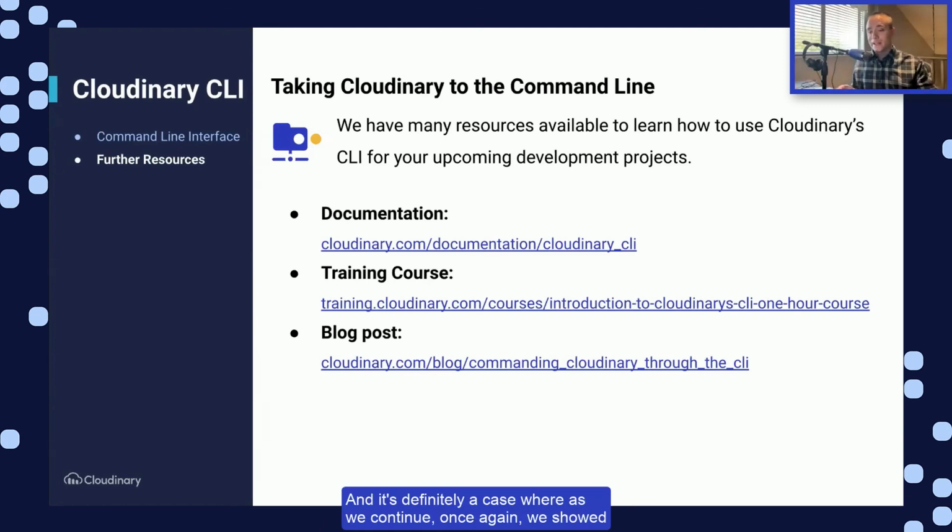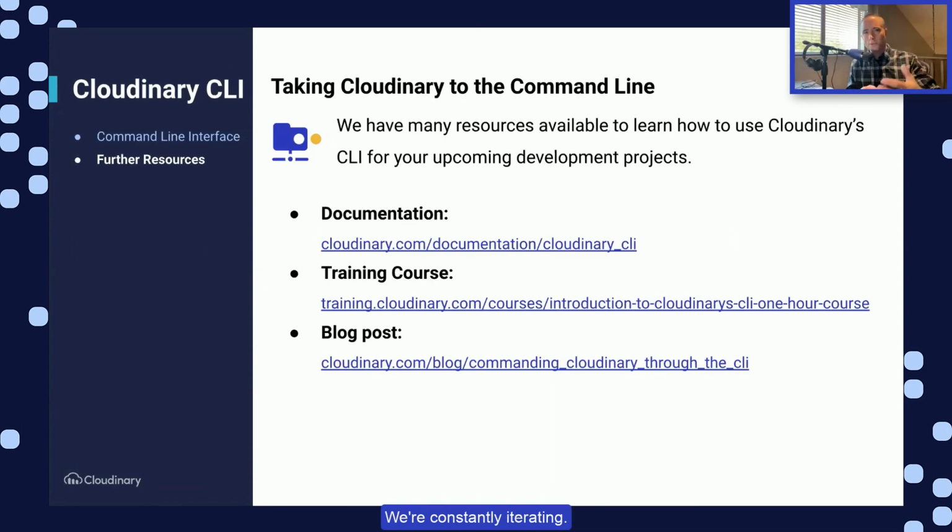I completely agree. And it's definitely a case where, as we showed when Mickey was talking about V2 SDKs, we're constantly changing, constantly iterating, constantly enhancing from the product team side of the house. So if there are things that you want the CLI to do that you can't see available in the documentation or the training courses or the blog posts, when you're working with this, you wish you could do X, Y, or Z, let us know.